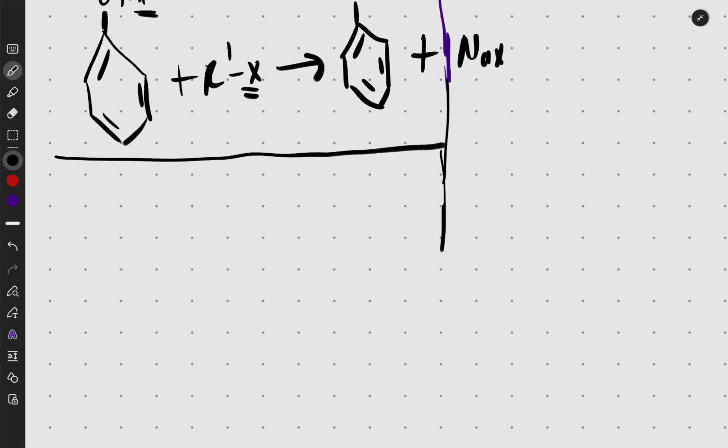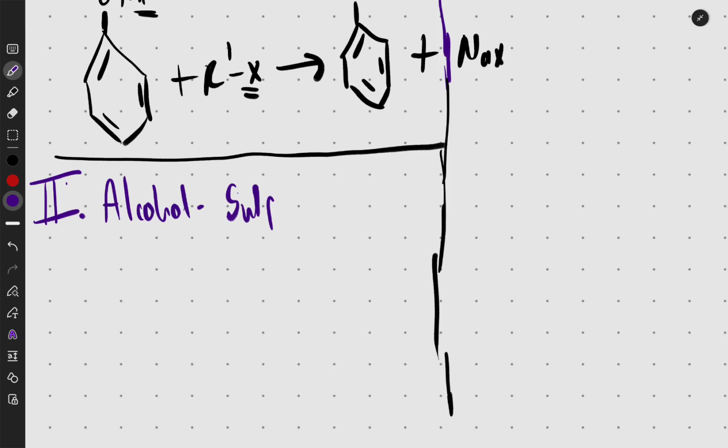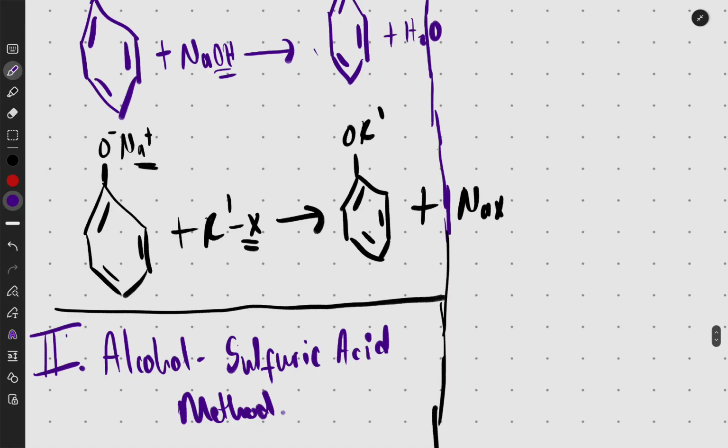Then the last way to make your ethers, which is method number 2, is going to be the sulfuric acid method. Okay, we say it is the alcohol sulfuric acid method, but we know that for both we are still studying alcohols. So look, here we started with what?